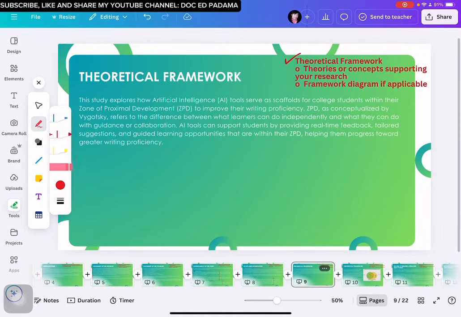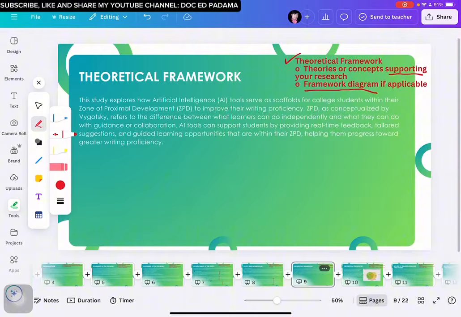This should include the theories or concepts that you used in your study and that support your research. And the other one is the framework or the diagram, if there is an existing framework or diagram in relation to the theory or concept that you use.